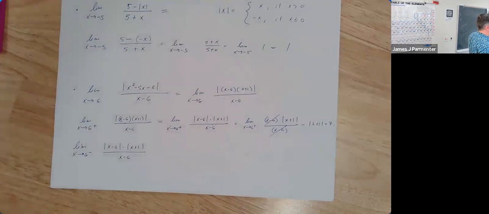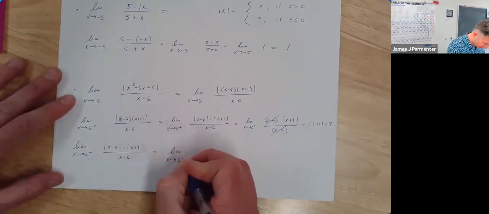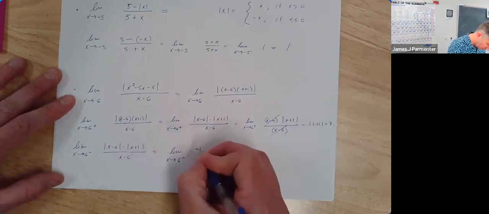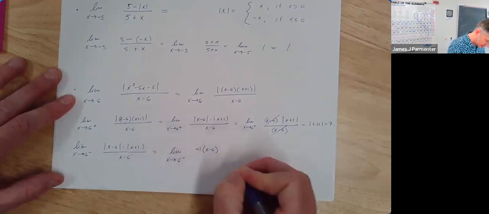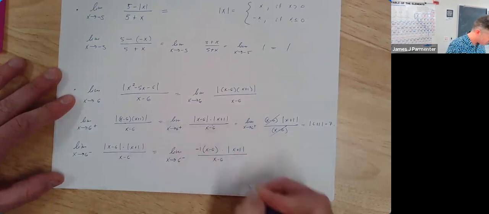How do we turn a negative thing into a positive thing? Right, exactly. So I'm going to take that whole entire x minus 6 and multiply it by -1. So it's going to be the limit as x approaches 6 from the left of -1 times x minus 6 times the absolute value of x plus 1 over x minus 6.